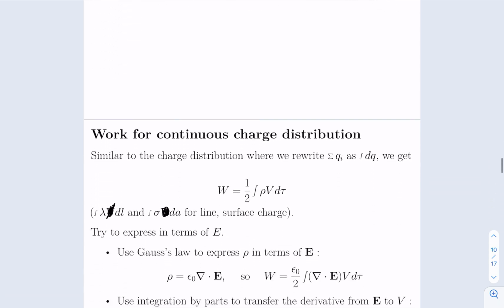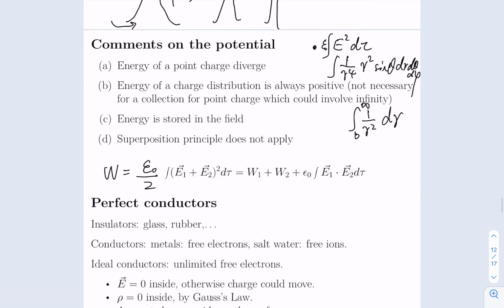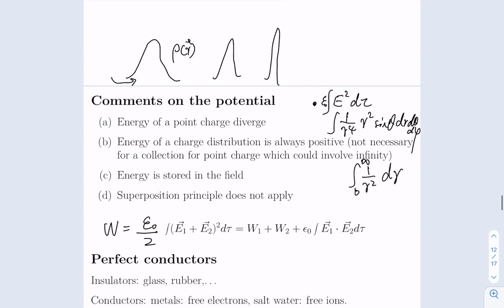So these two seem to be conflicting with each other, but in reality, what's happening is that because of the first comment here, the point charge energy is actually divergent. So it doesn't make sense, or you're comparing an infinite number to another infinite number.